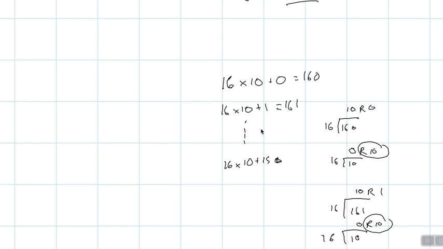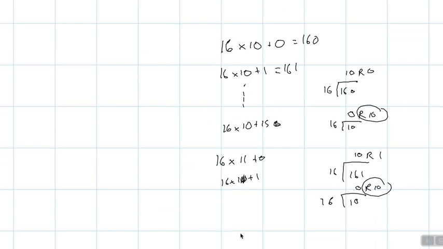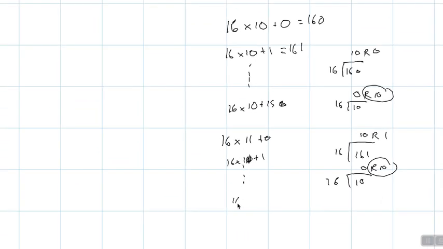And the same is going to be true for 16 times 11 plus 0, 16 times 11 plus 1, all the way to 16 times 11 plus 15. So there are 16 numbers here that won't be numeric, and also 16 numbers here.